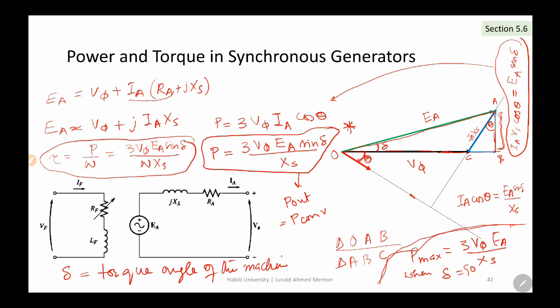Okay, so these are very important equations. We'll use those equations to study and conclude more about behaviors, especially in the case of synchronous motors. So keep those equations in mind.